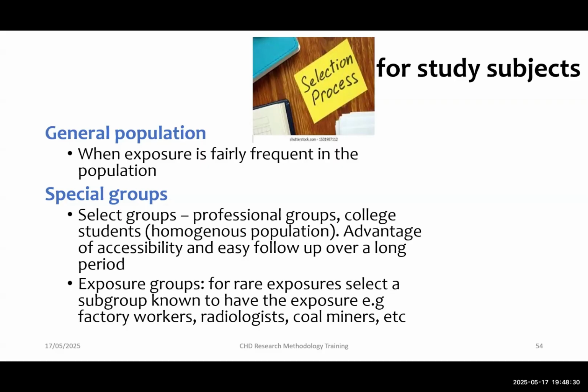Like in the case of the study among the nurses, so it's a professional group. You can do one among doctors. It can be for those who are working in a particular place, a professional group. It can be a homogeneous population. The advantage of using such a special group is that, because they are a special group, you can easily access them in one place.